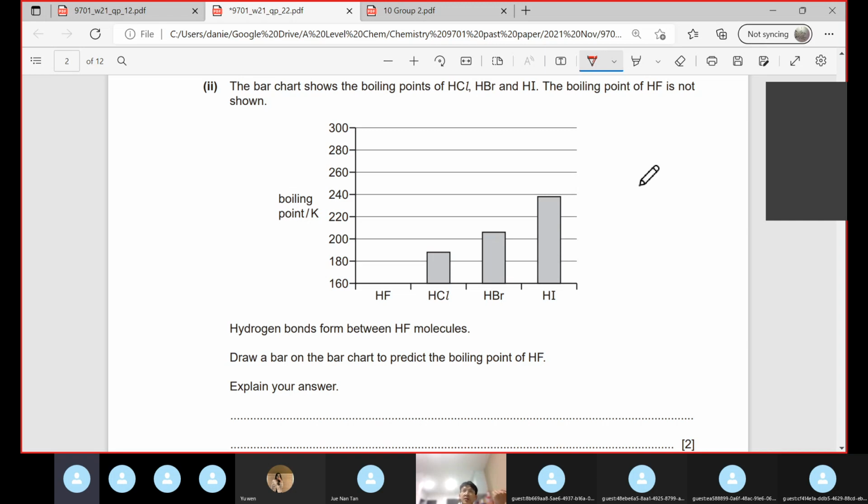For example, I remember one time they asked you to sketch the Boltzmann distribution curve regarding kinetic energy and temperature. So same thing over here, you need to sketch something.